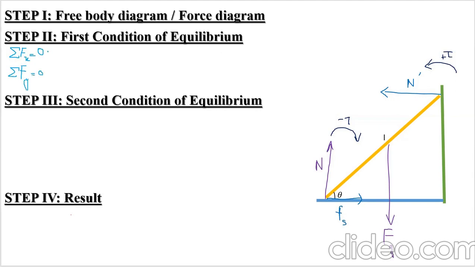What does this term mean, that summation Fx is equal to zero? Basically, it means that the right forces are going to balance the left forces. So here the force in the right direction is Fs, the force of static friction, and it balances the left force, that is the normal reaction force which the wall exerts on the ladder.